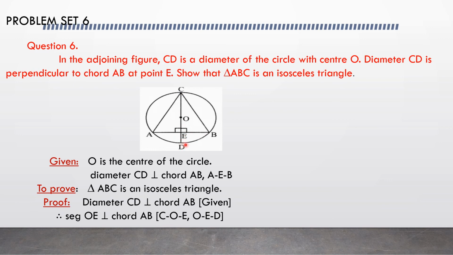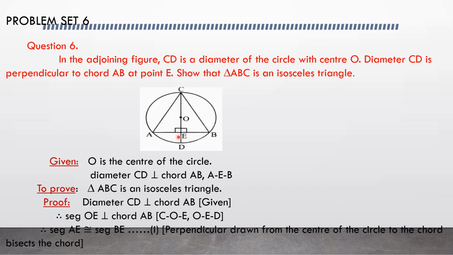And therefore segment AE is congruent to segment BE, because the perpendicular drawn from the center of the circle to the chord bisects the chord. That is equation number 1: segment AE congruent to segment BE.